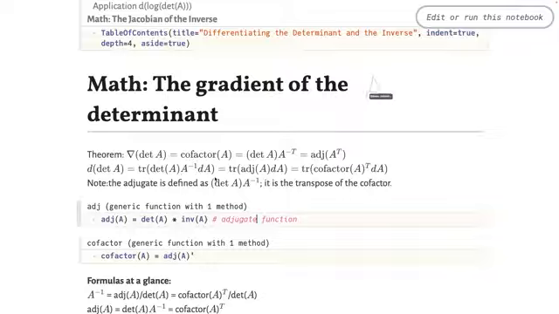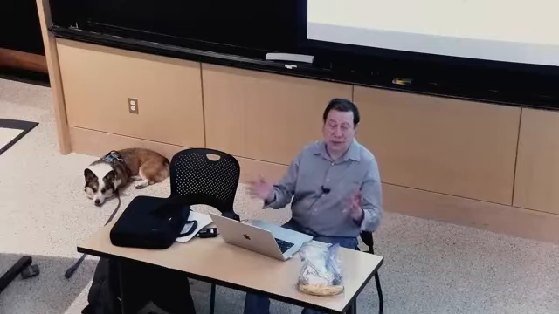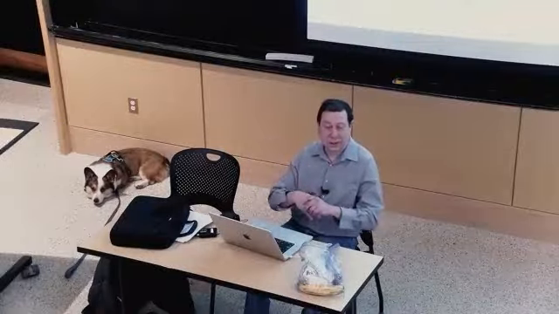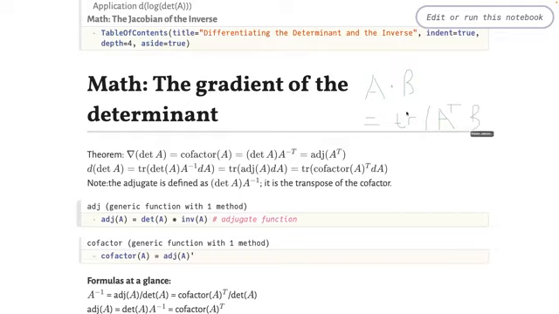That's the element-wise dot product, just like the vector dot product: you multiply corresponding elements and take the sum. Whenever you have the trace of A transpose B, that's A dot B. So if we know the gradient, then the D has to be this formula.